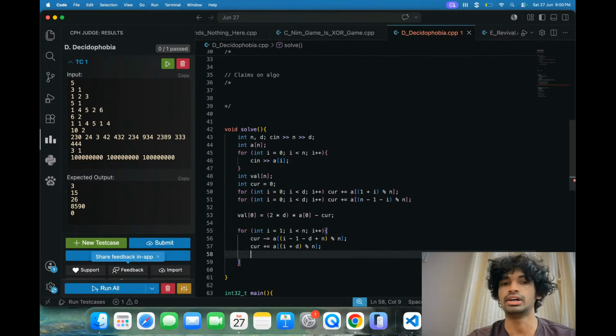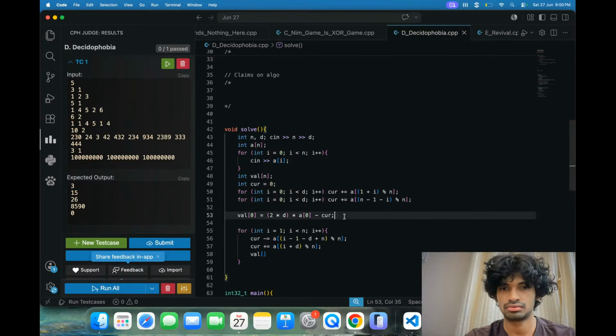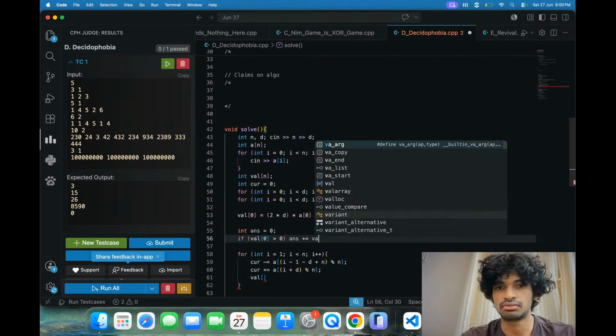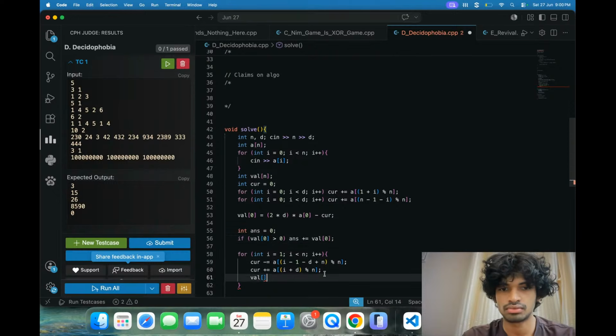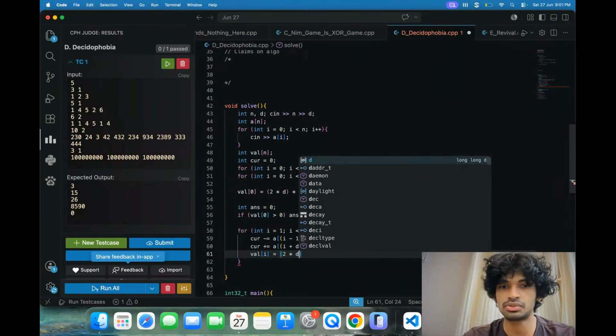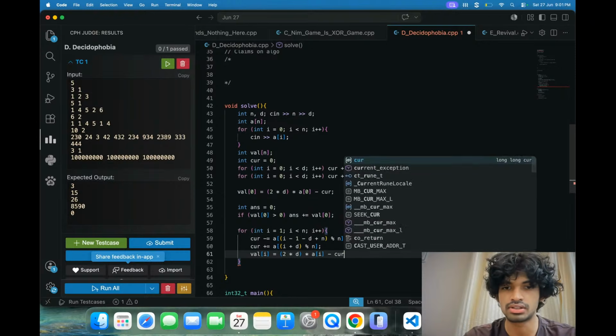So now we have our cur. If val of 0 greater than 0, answer plus equals val of 0. val of i equals the same as above, 2 times d times a of i minus cur.